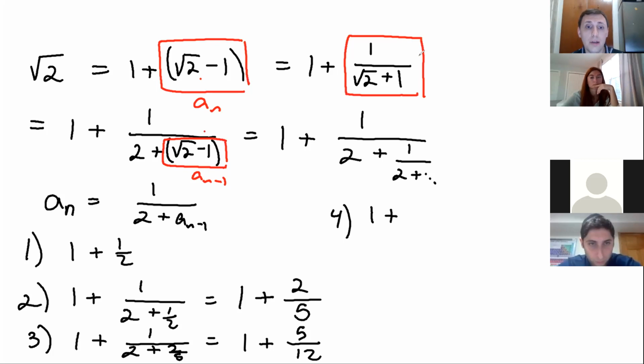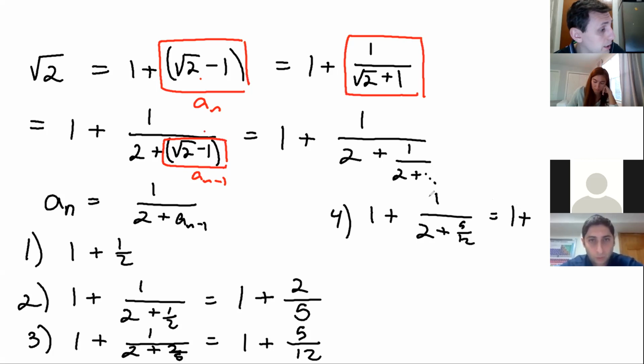It's hard to write, it's a bit unpleasant, so it's 1 plus 1 over 2 plus 5 over 12, which is the same as 1 plus, I can multiply the entire thing by 12, so it will be 12 divided by 12 times 2, which is 24. 24 plus 5 is 29, correct?